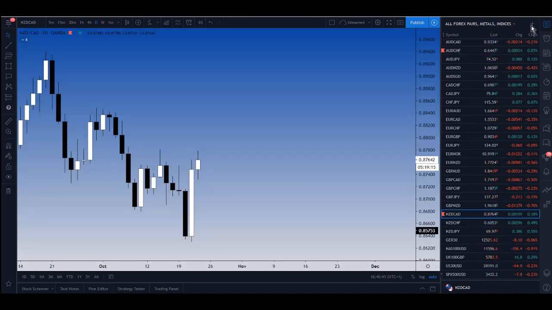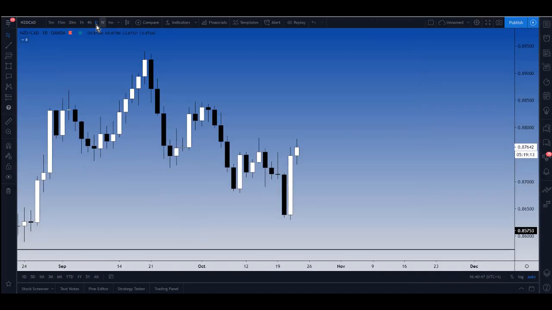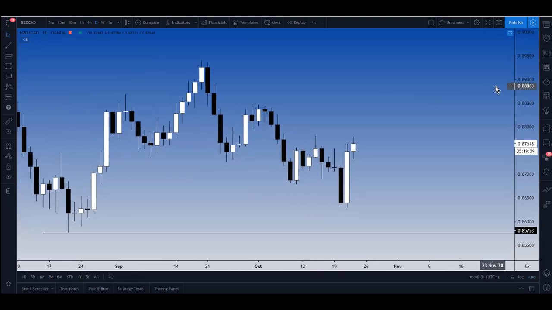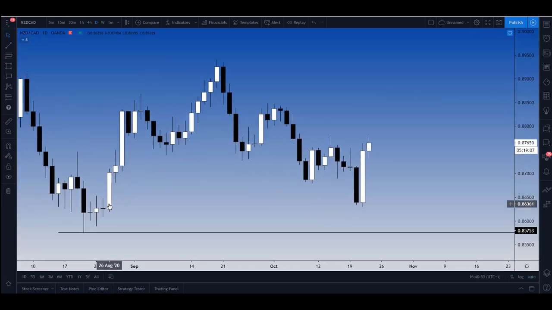The chart to look at, Kiwi CAD. Can you see on Kiwi CAD we've had this impulse, correction, impulse, or a phase one, phase two, phase one. And now we've actually changed trend, haven't we? Look at this. We're getting this impulse, correction, impulse, correction, impulse.